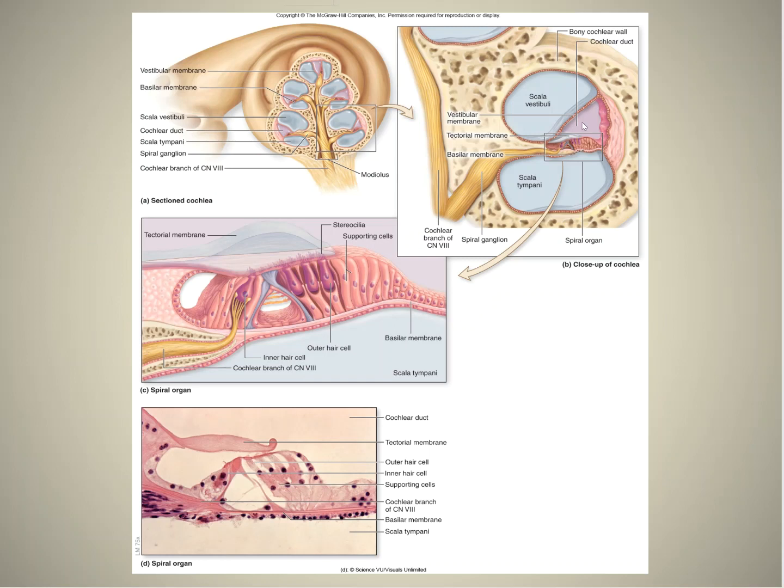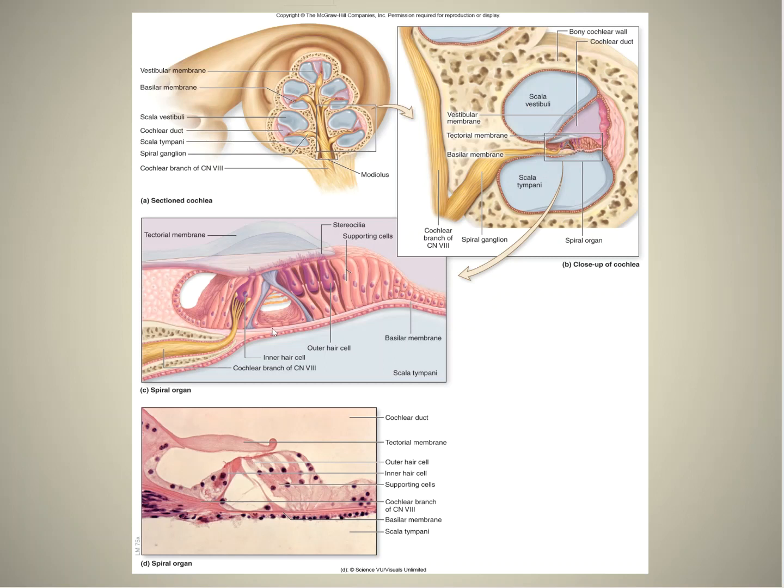And you can see these chambers, the scala vestibuli, the scala tympani, and the cochlear duct here. These have perilymph. This has endolymph. Endolymph is a really strange liquid. We'll talk about that in a little bit. Anyway, here's this basilar membrane that the organ of Corti is on.